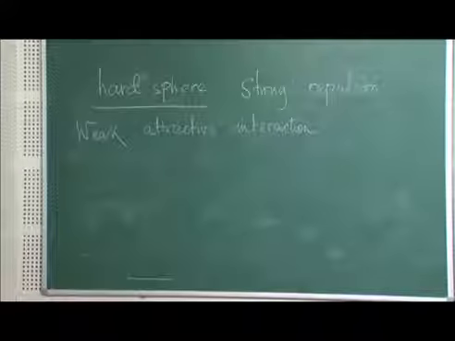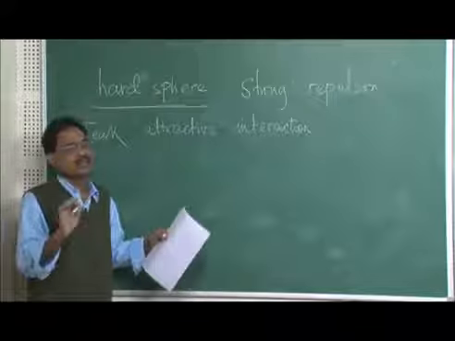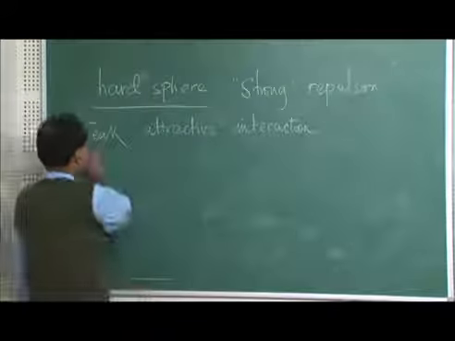If they are close by, there would be a hardcore repulsion, which is very strong, which is mostly dominating in the short ranges. They are far away, there is a weak attractive interaction which is very, very small in magnitude and short ranged.